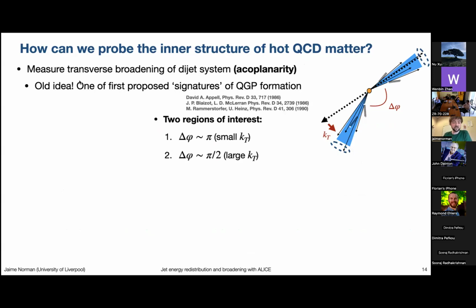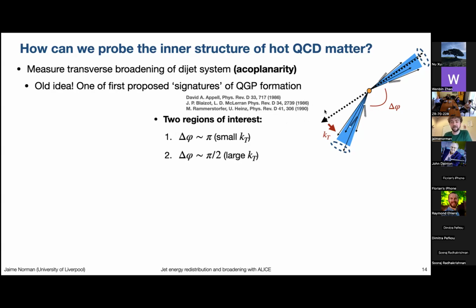This is actually an old idea, and I realized recently, from Peter, that this was one of the first proposed signatures of the Quark-Gluon Plasma formation, even before the Quark-Gluon Plasma was confirmed in experiment. But it's a very challenging measurement, and we're just getting around to these detailed measurements now.